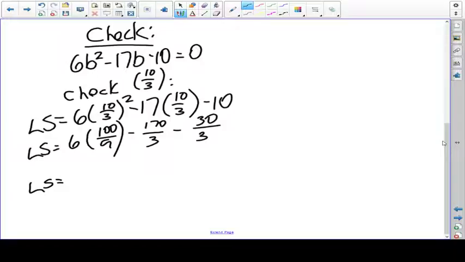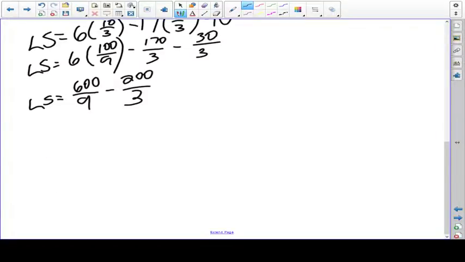Now that I got common denominator on everything, or most things, it's going to make this a little bit easier. The first piece, 6 times 100/9, is going to be 600/9, and we'll deal with that soon. The last two pieces can be combined. They're both negative, so they can be combined together to give us 200/3. And then dealing with these two fractions, we need a common denominator.